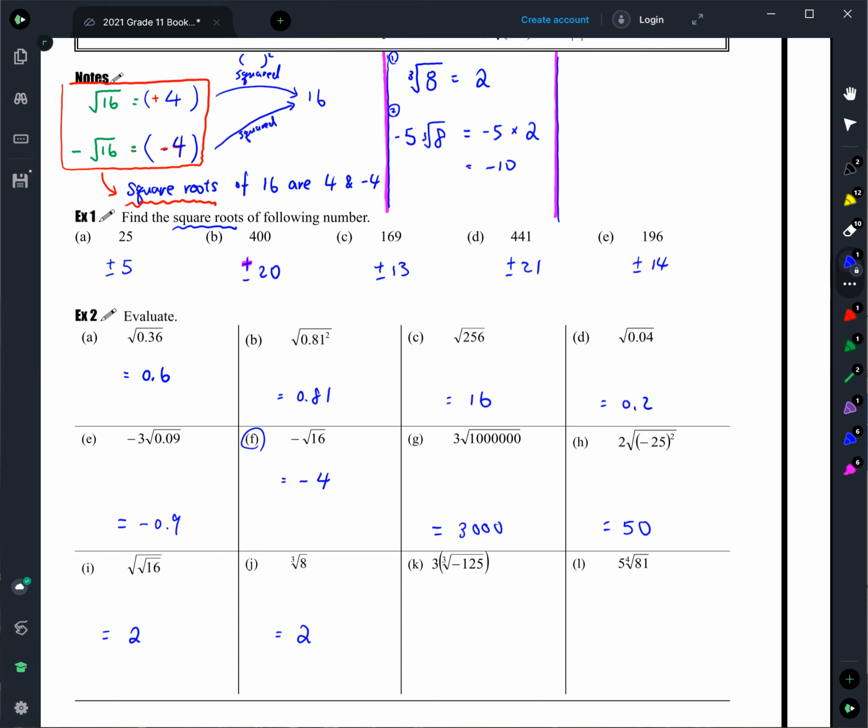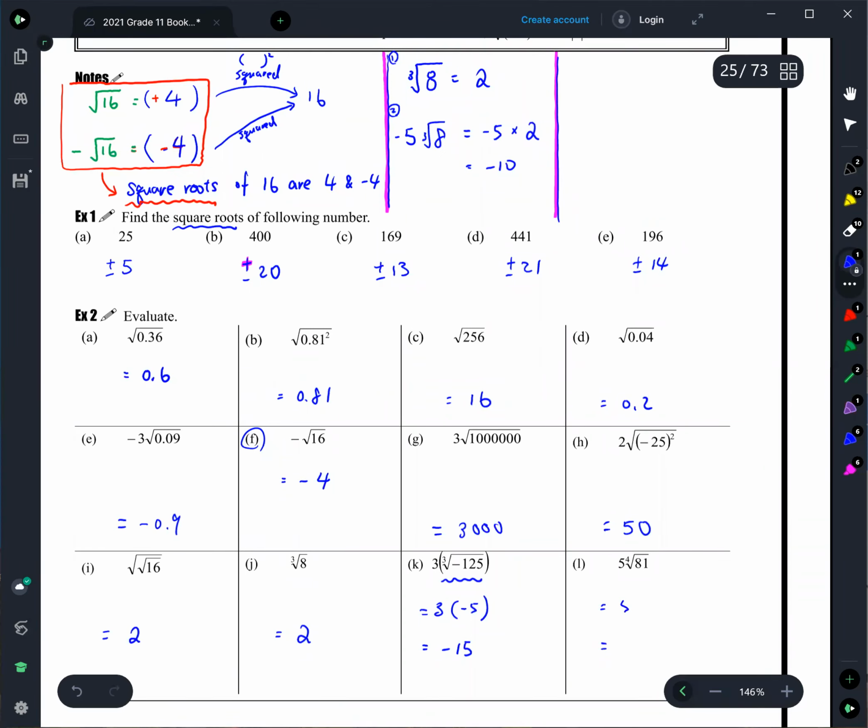Negative 15, very good. Okay, we have a cube root of negative 125. That one is negative 5. Negative 5 times itself 3 times gives you negative 125. And then you multiply. All right, Tony, last one. 15. Yeah, so 5 times the 3 gives you 15.